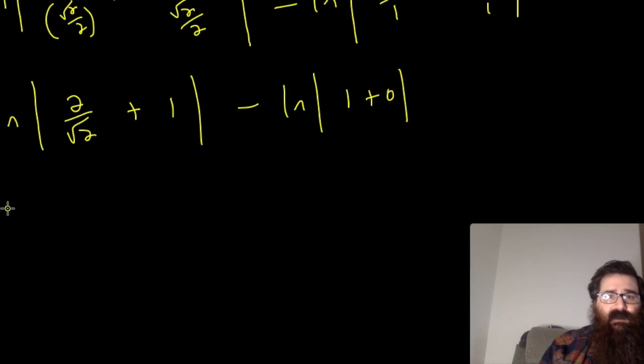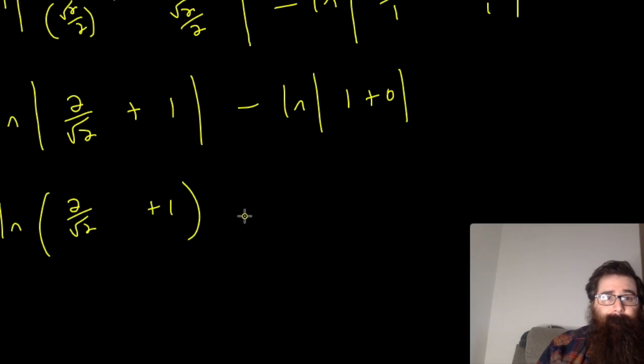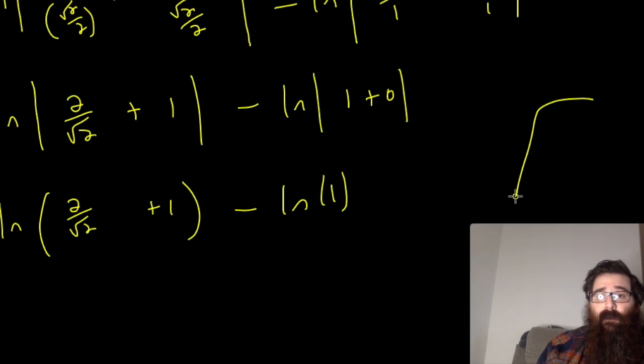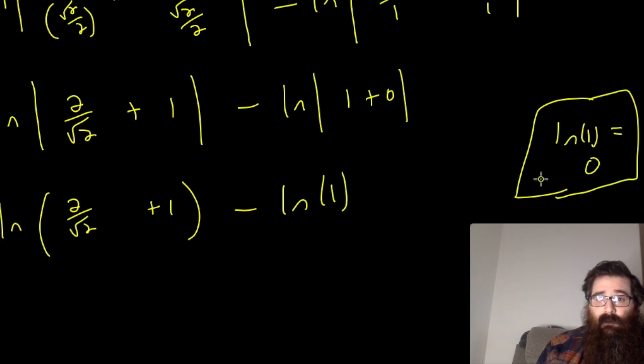And we can work through this just a little bit more. So we have natural log. I don't need the absolute value anymore if I see these things are positive values. So I have 2 over radical 2 plus 1, minus natural log of 1. Remember though, natural log of 1 is equal to 0. So this is gone.